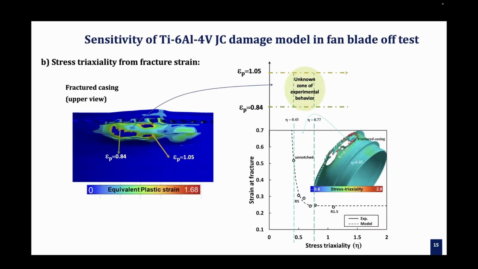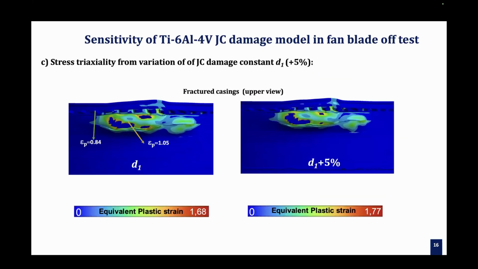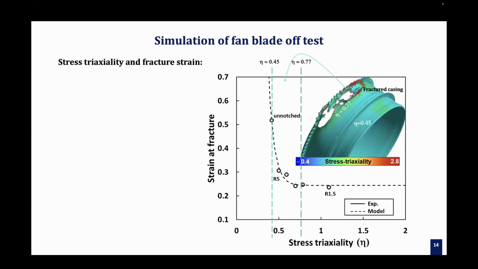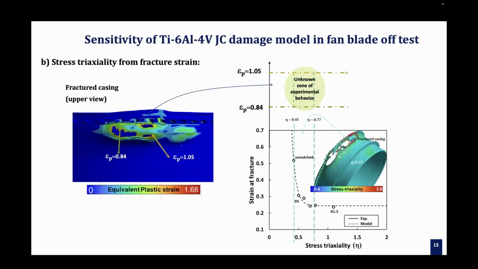Now, if we compare, we extract similar values, but not only stress triaxiality. We go to these points and extract the strain, the equivalent plastic strain in this zone of the case. We can also compare in which area we are. And actually, we are quite far from the values we use for the identification.